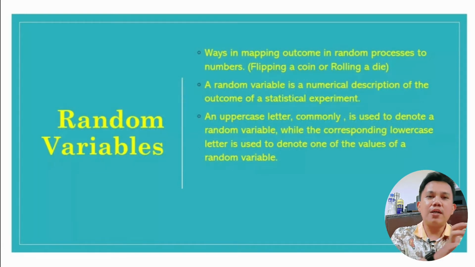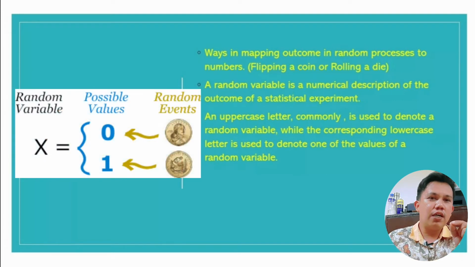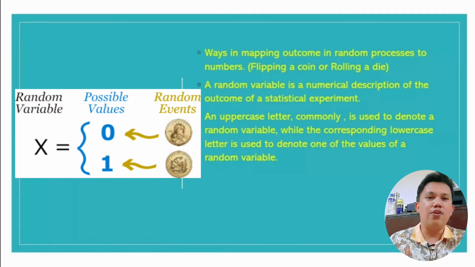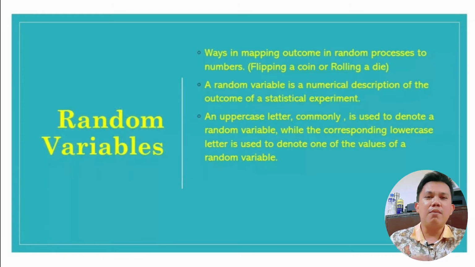So ngayon, yung outcome nun should be, translate, the outcome should be in numerical value. So susulat mo yung random variable, ililist down mo yung mga possible values niya. So kung tossing a coin lang, ang numeric values ng random variable X mo is 1 and 0 or 0 and 1.